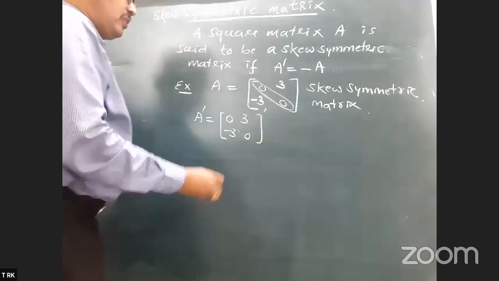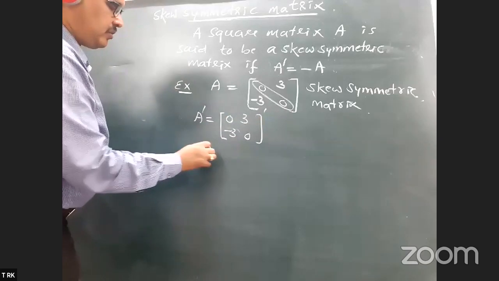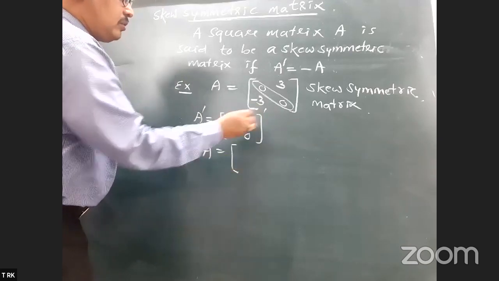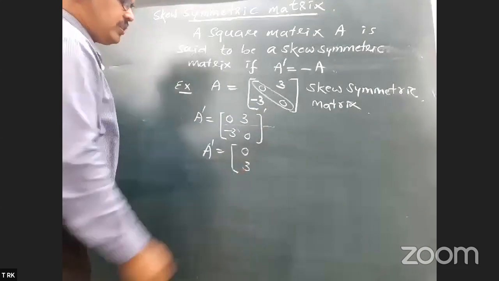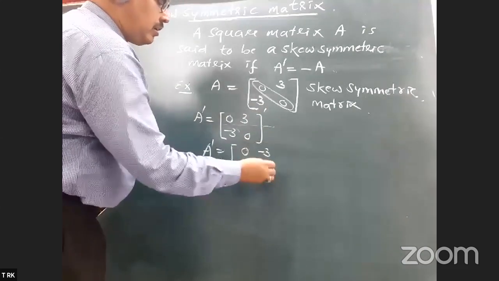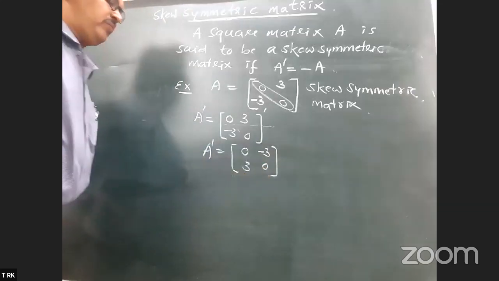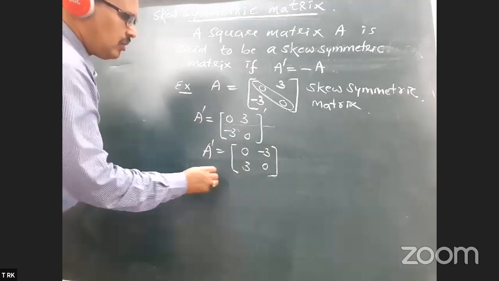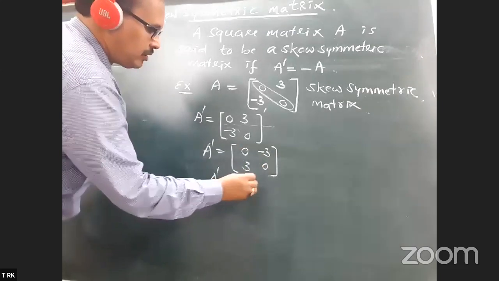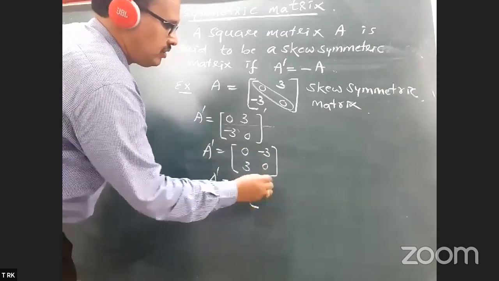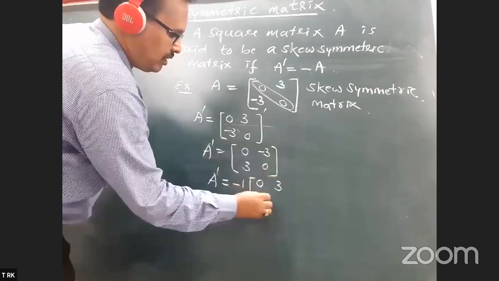I mean, A dash is equal to 0 3 in the first column, minus 3 0 in the second column. So A dash is equal to, taking minus 1 common, minus 1 times 0 3, minus 3 0.